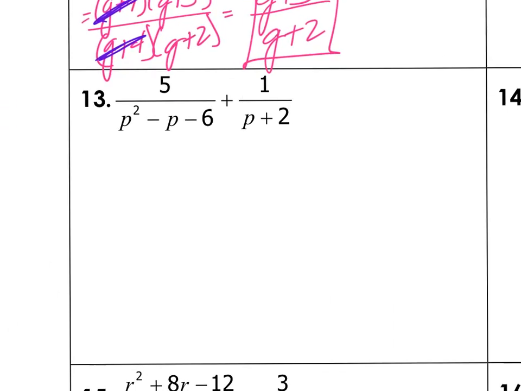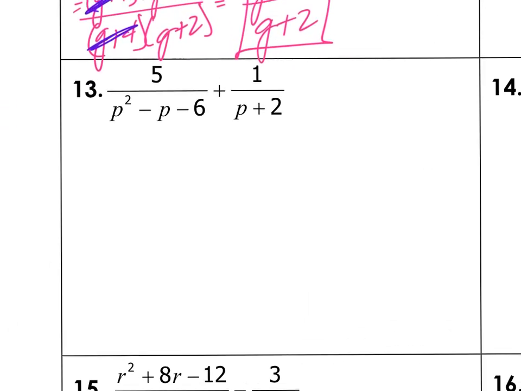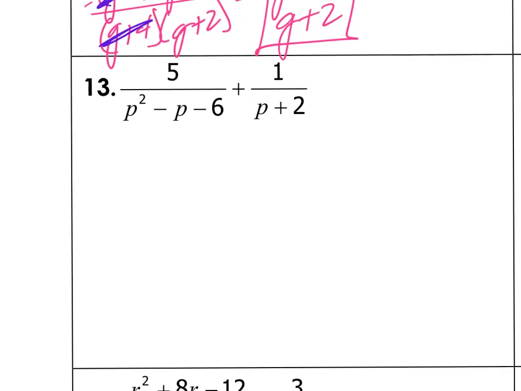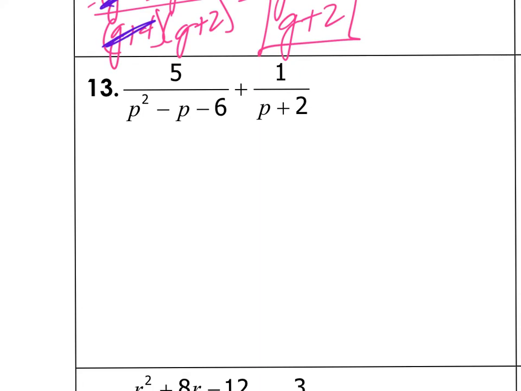Okay, we're still doing the same thing. So I need something that's going to multiply to be -6 and add to be -1. Let's see, 3 and 2. And this is negative, so it'll be -3.